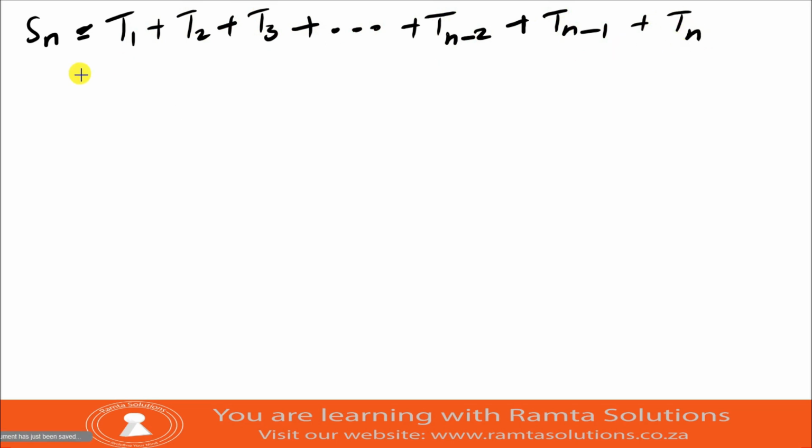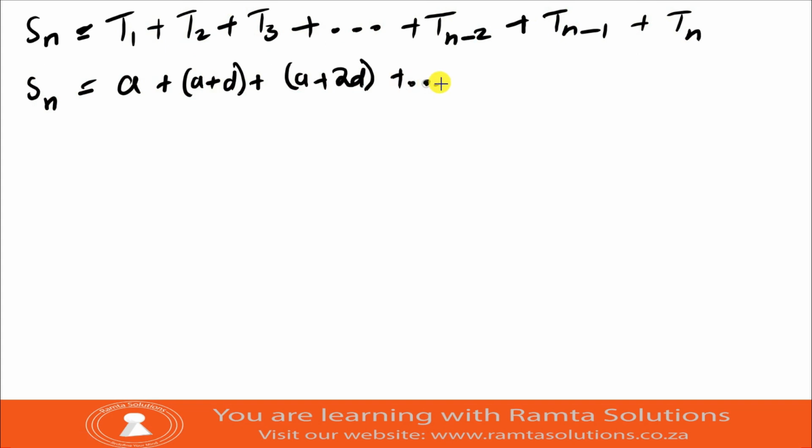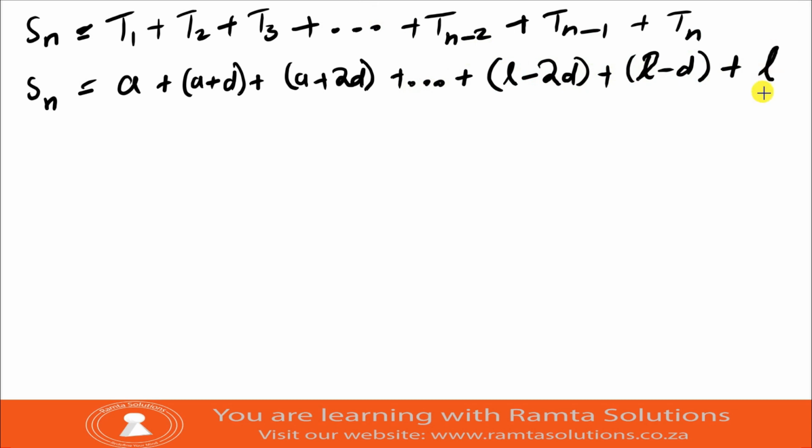We said T1 is a, T2 is a plus d, T3 is a plus 2d, Tn minus 2 was L minus 2d, Tn minus 1 was L minus d, and the last term is L. We're going to call this equation 1.